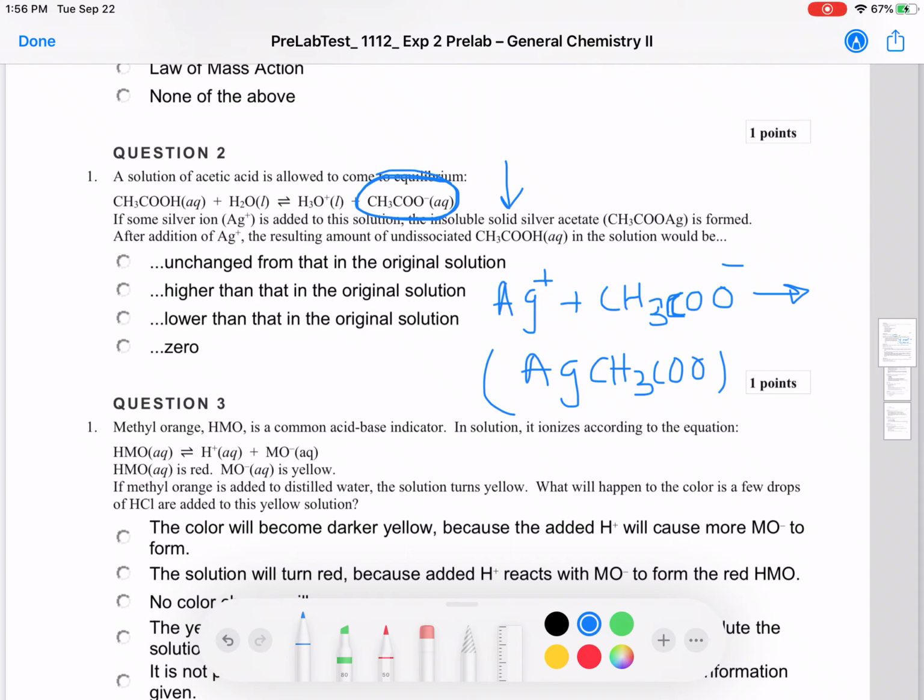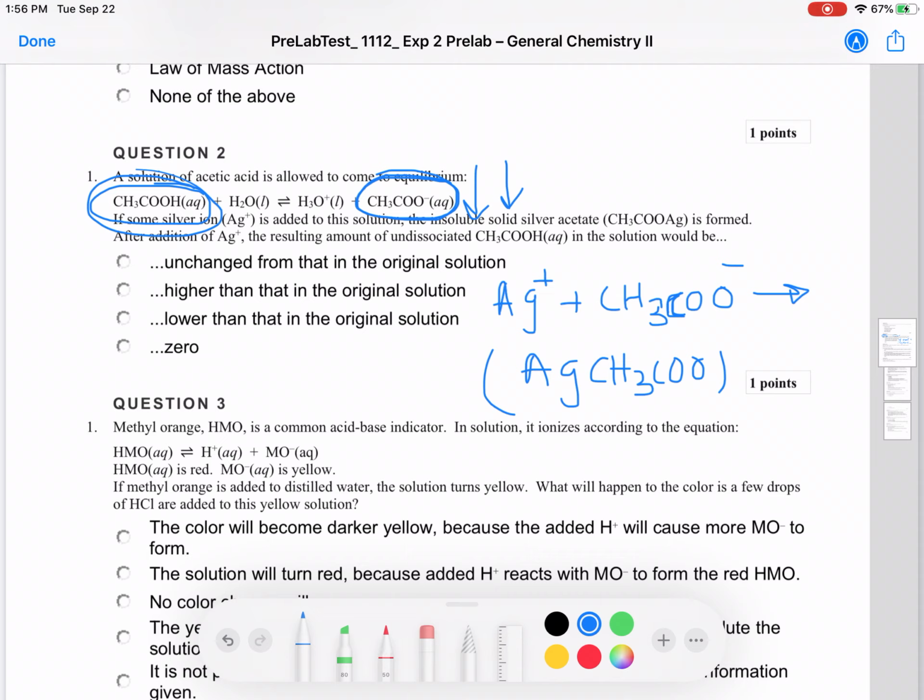What does it need to do? Because now the acetate ions are being removed from the solution, more of the acetic acid, the reactant, will start dissociating. Because we are losing one of the products, the reactant will start to compensate for that loss. So it's going to produce more of the acetate ions by dissociating more of the acetic acid, which is the reactant.